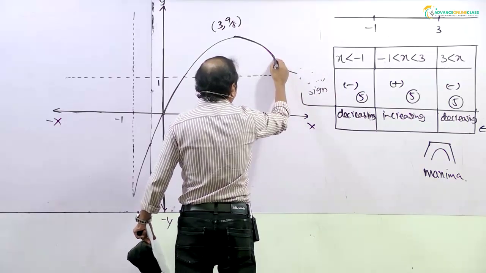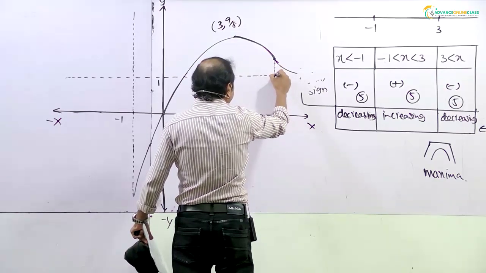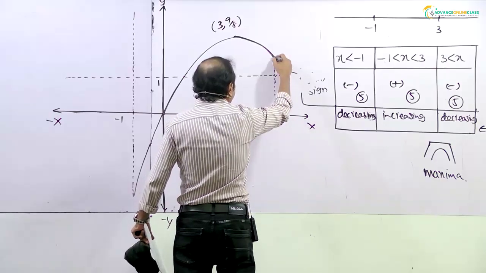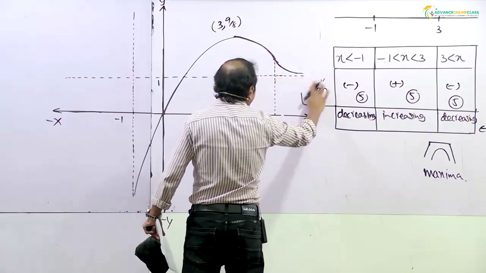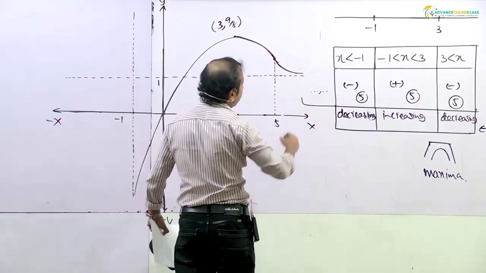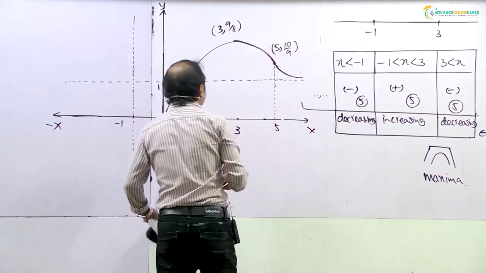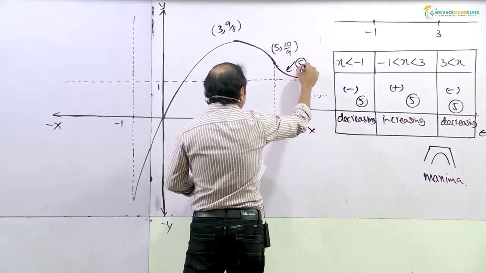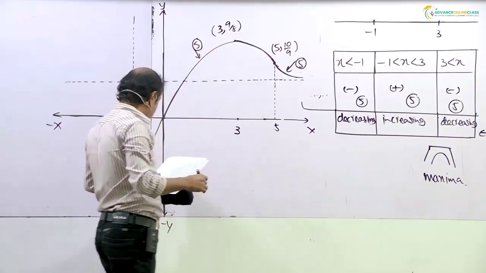Here, I take 5 here. These coordinates you definitely use. You must mention there, right? 5, 10 by 9. Yes. For this 5 marks coming. For this part, 5 marks.